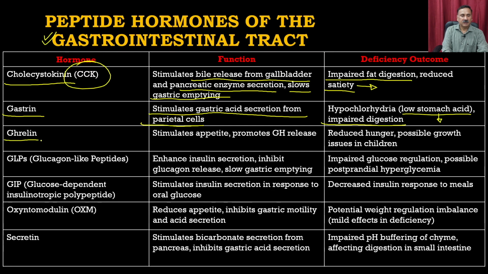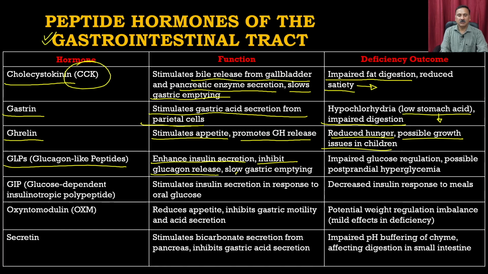Then we have the one that stimulates the appetite and promotes GH release, and if there is a reduction, then there will be reduced hunger and possible growth issues. Then we have the glucagon-like peptides, and these enhance insulin secretion, inhibit glucagon release, and slow gastric emptying.